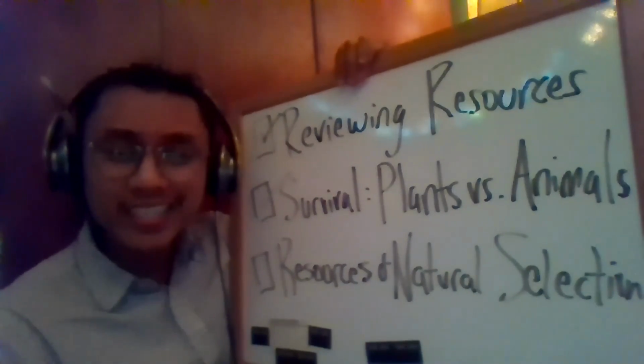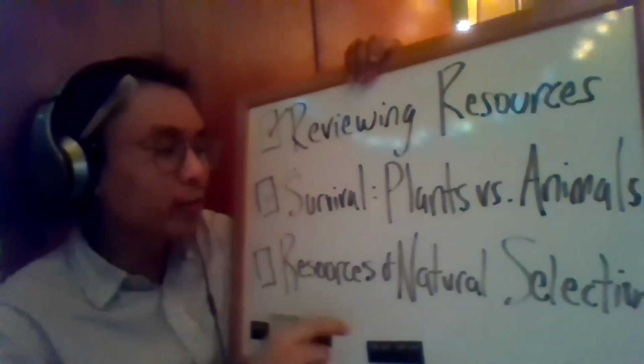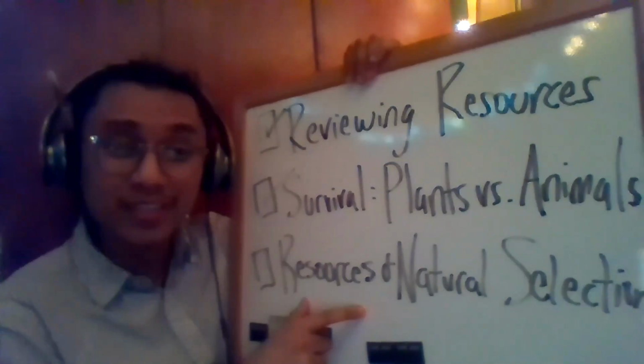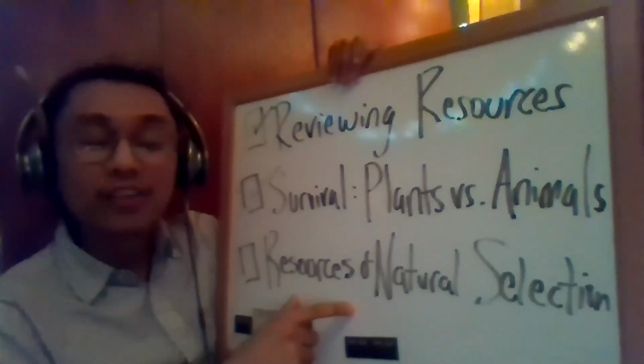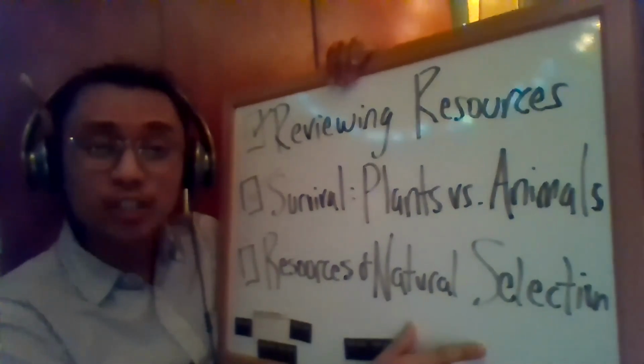So eventually, those people with the mutations that are not helpful do not survive and do not pass down the mutations. So as we can see here, it's important to know that resources are limited and we compete for them. And we compete for them partly using natural selection.